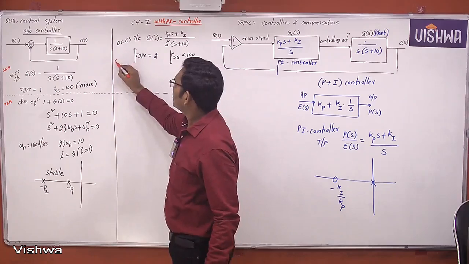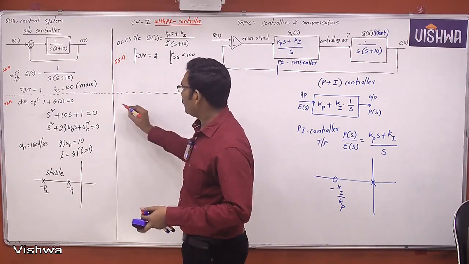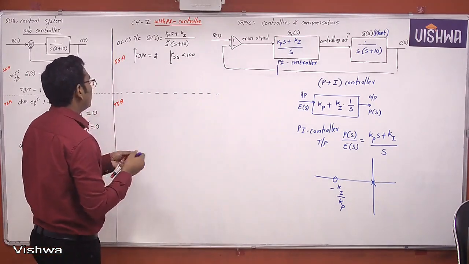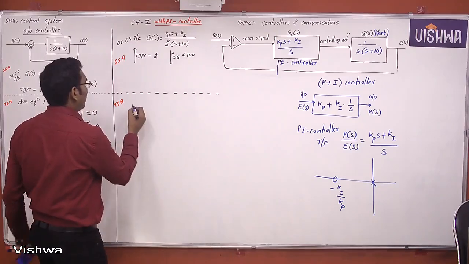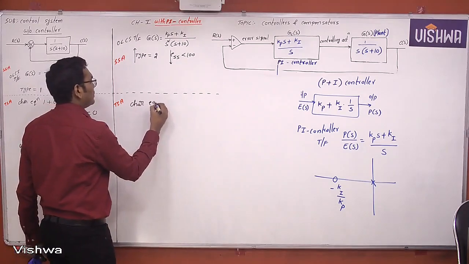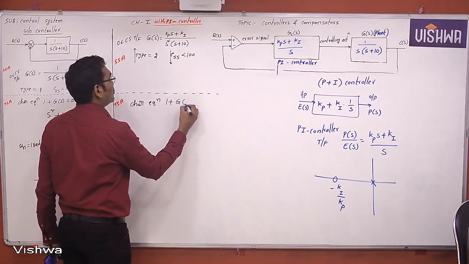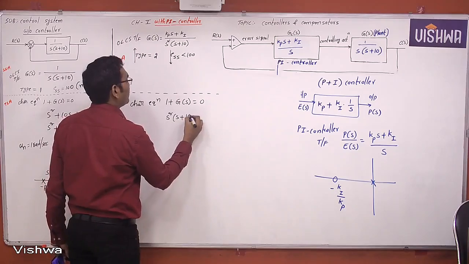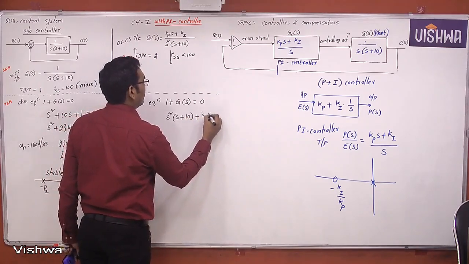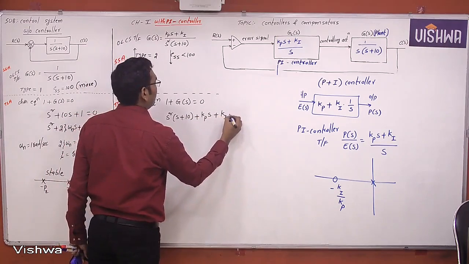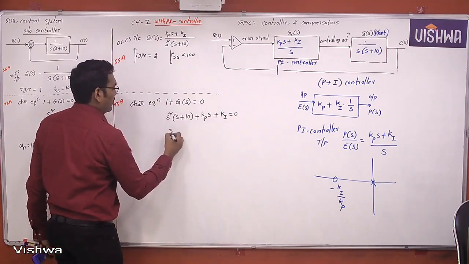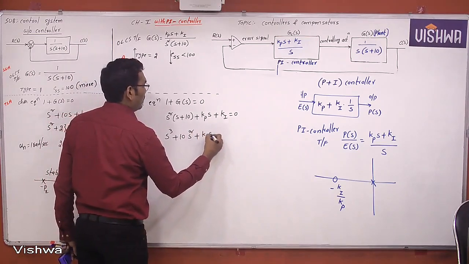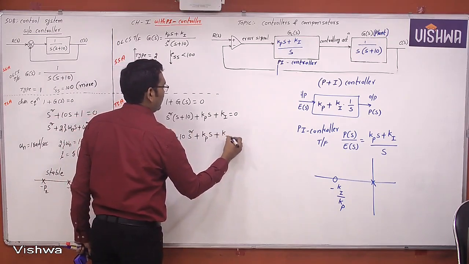Now this is the steady state analysis, and what about the transient state analysis? Now we want to find the characteristic equation. The characteristic equation is 1 plus G of S equal to 0, giving S square into S plus 10 plus Kp into S plus Ki equal to 0. That is, S cube plus 10S square plus Kp into S plus Ki equal to 0.